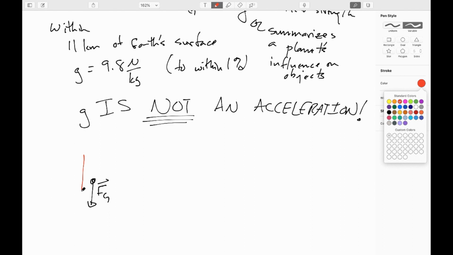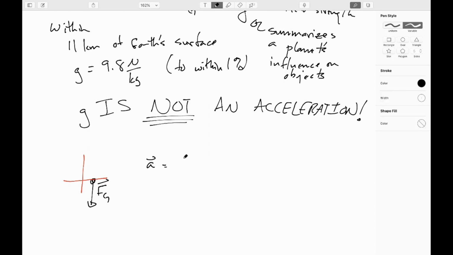Let me go ahead and draw in a coordinate system here. We can start to express Newton's second law of motion for this object. So let's just do that. We remember from Newton's second law of motion that the acceleration will be the net force over the mass of the object, where this mass, remember, is the inertial mass.